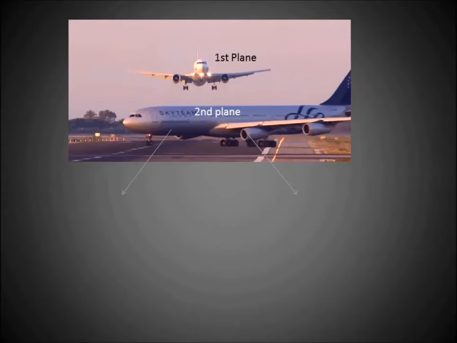The two planes will collide if the first plane lands. Now, the first plane will have to gain height so that it will not crash. If the program in the first plane is in C, then it will get into a safe position. But if the program is in Java, then you have to wait for the output to come, as Java is a very slow language.